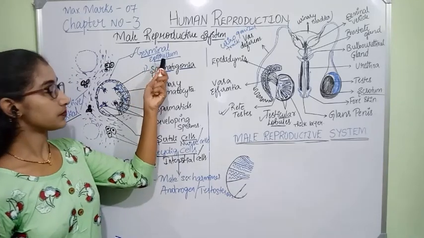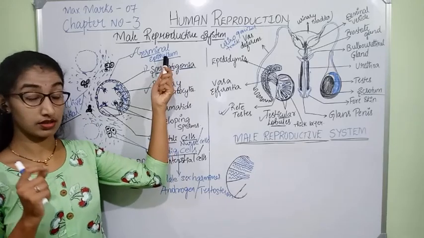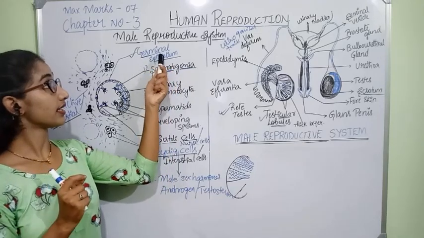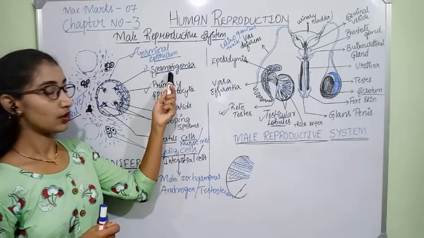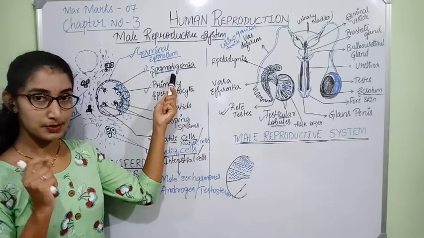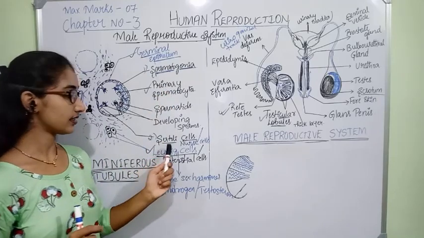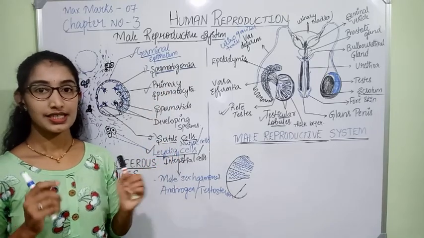These germinal epithelium cells are differentiated into spermatogonia and Sertoli cells.